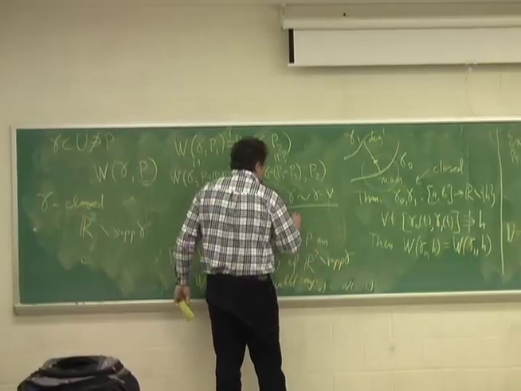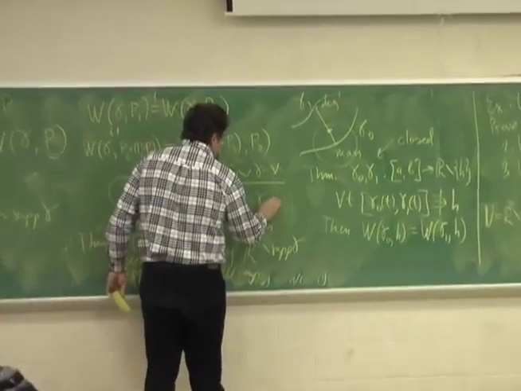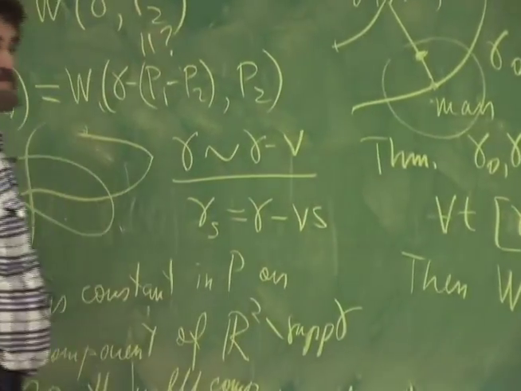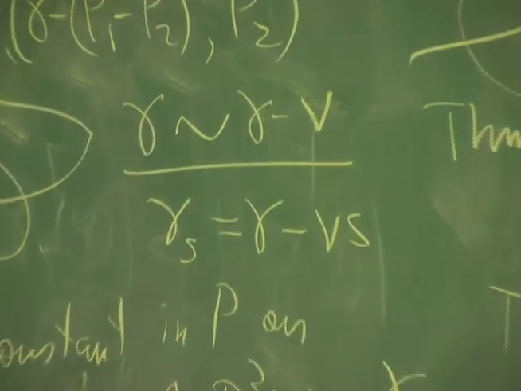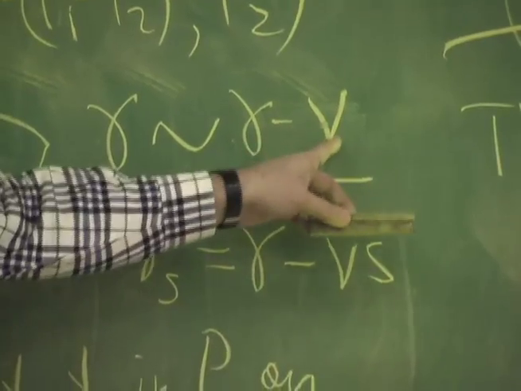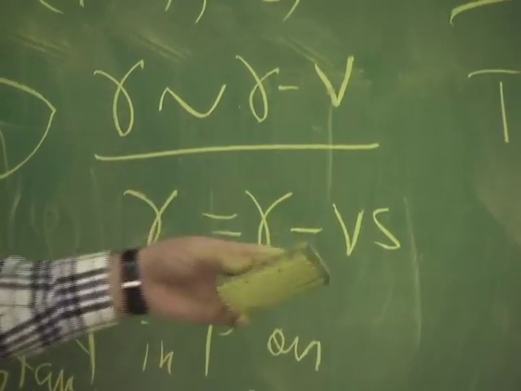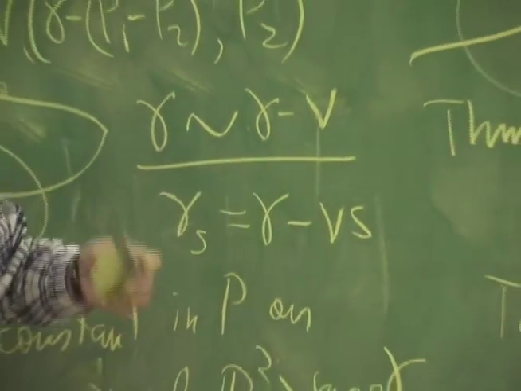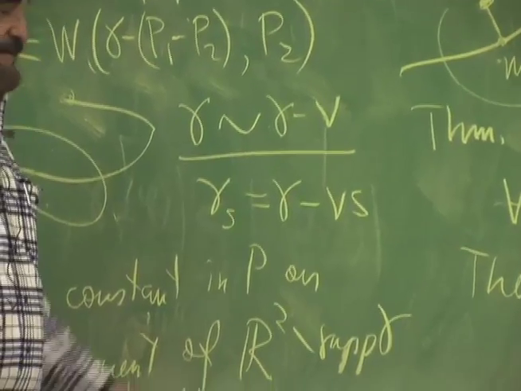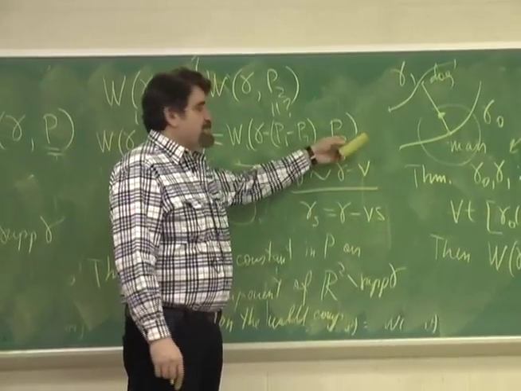That means gamma_s is gamma minus nu s. If s is 0, I get gamma. If s is 1, I get this. And definitely these are simply the same curves, but shifted. Okay? And they are not going to hit the point P2.